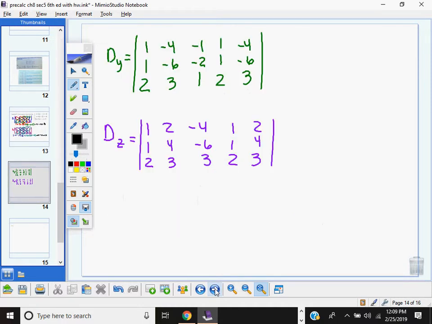We're going to do the y's. I took the y column out and replaced it with the answers here in the middle. So we have negative 4, negative 6, 3. I copied those first 2 columns over here.